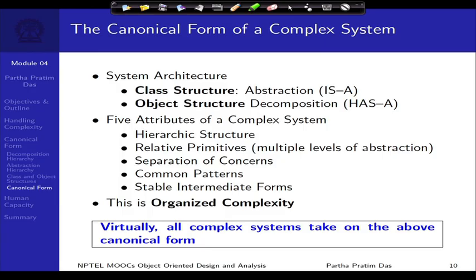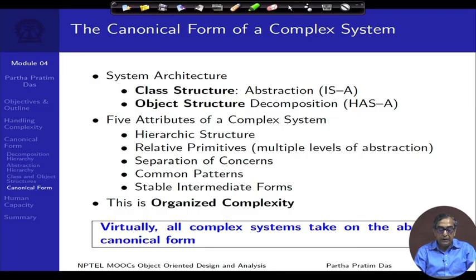So, here the main observation to be made, the main advantage that we are trying to drive in is, here we are not talking about any specific complex system. No matter which complex system you talk of, you will be able to represent it in terms of these architecture and attributes, and that is why this is called a canonical or standardized form of representation.